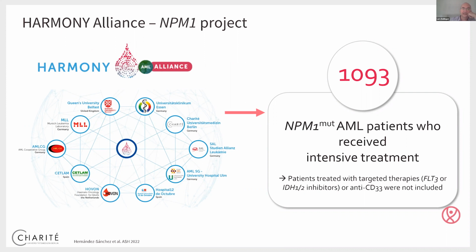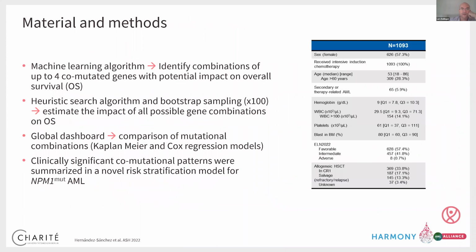And this is data that is also going to be presented at ASH in an oral presentation by Alberto Hernandez. And what we have done then, of course, is use machine learning algorithms and heuristic search algorithms to look at the data to identify gene-gene interactions that would impact outcome in NPM1 mutant AML.